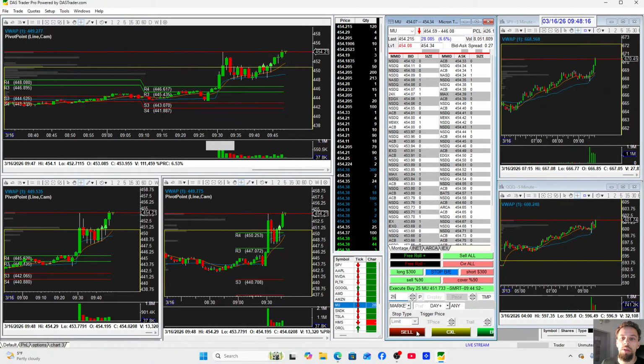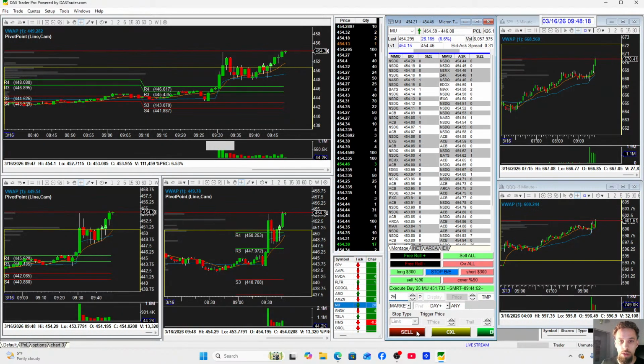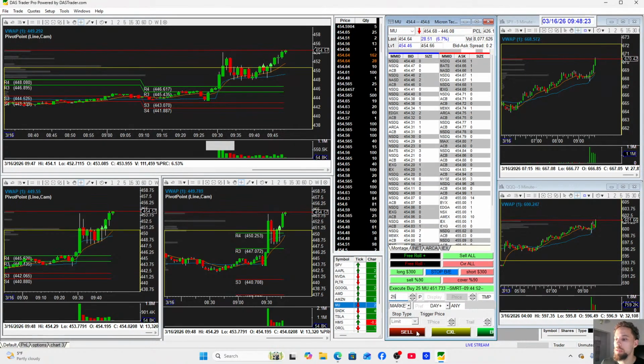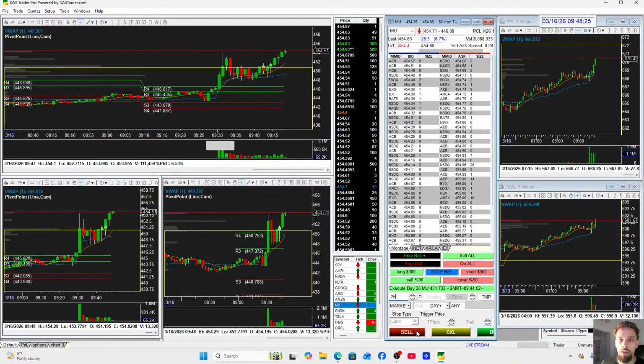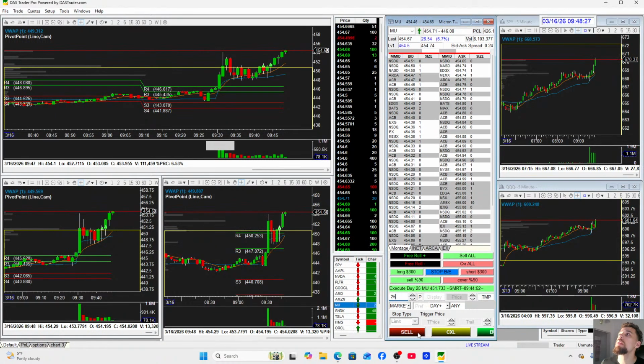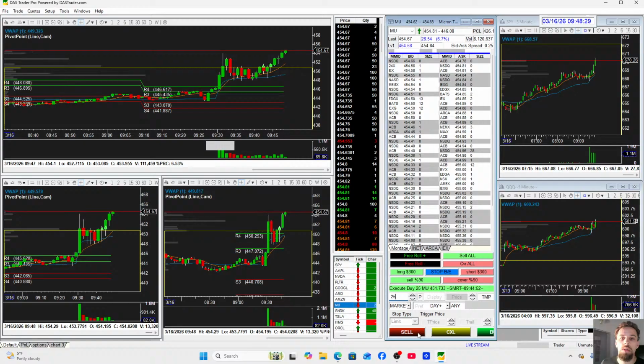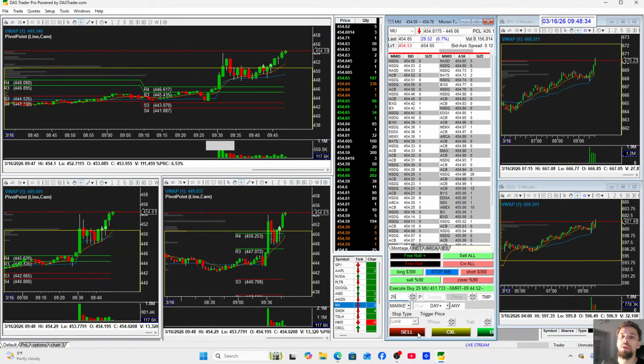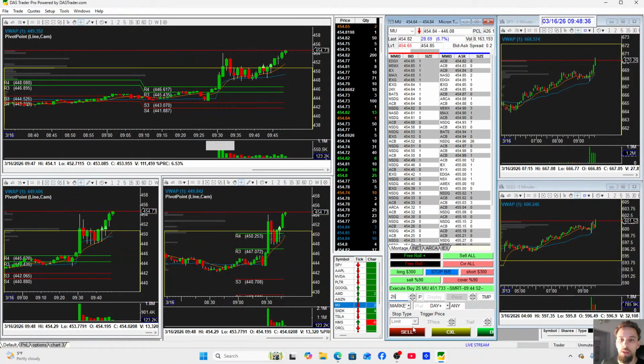That would be another area where sellers will step in, but I feel like we're definitely gonna get close to at least testing it. SPY and Qs look really nice for me. 455, almost there. I want to see if it's gonna fill that order. I'll close my 25.